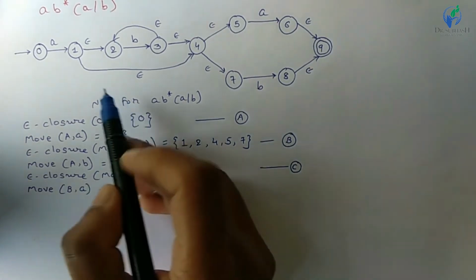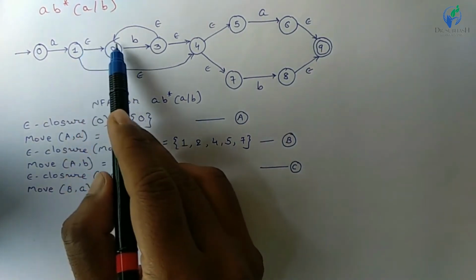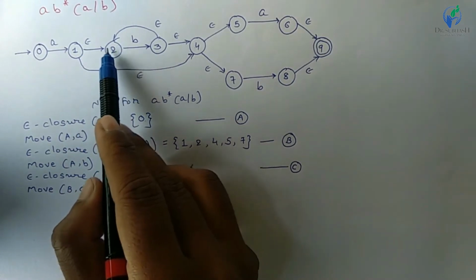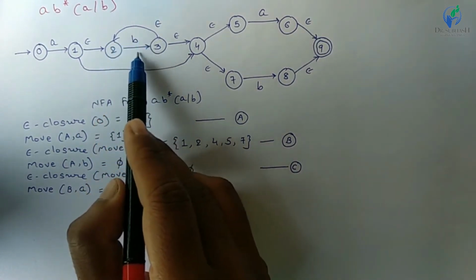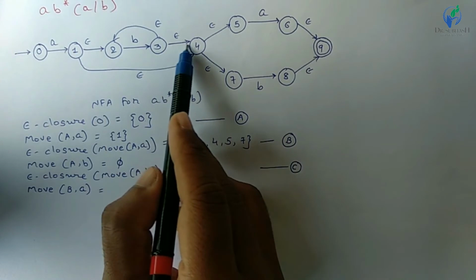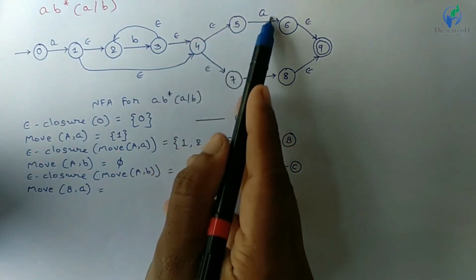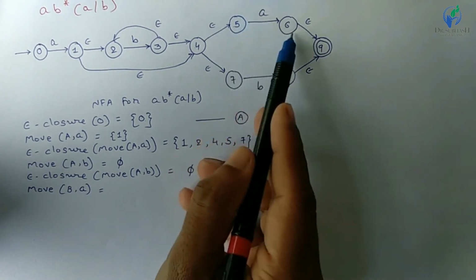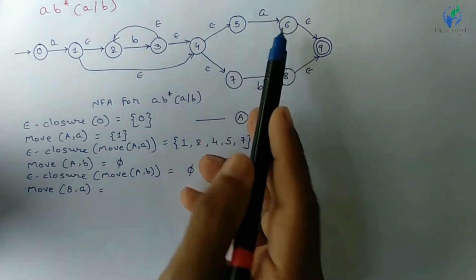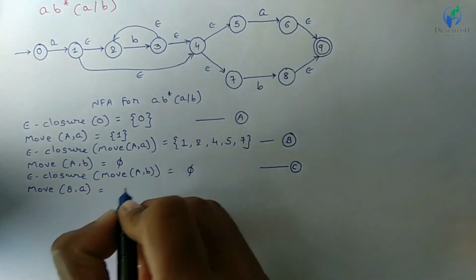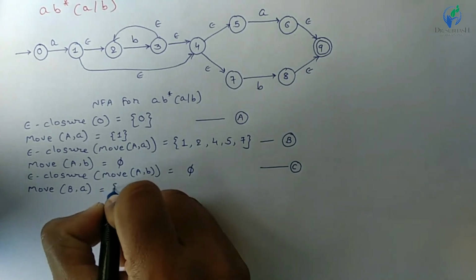From 5 on a you reach 6. So move(B, a) is equal to 6.